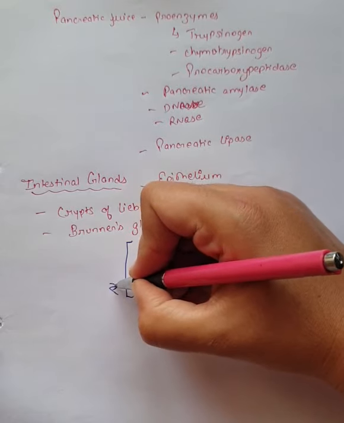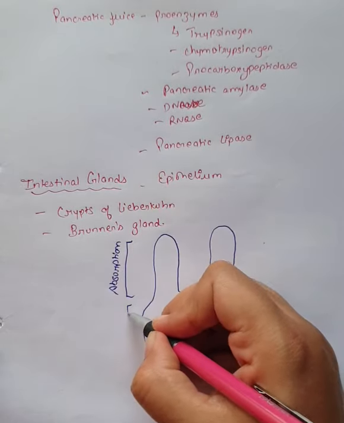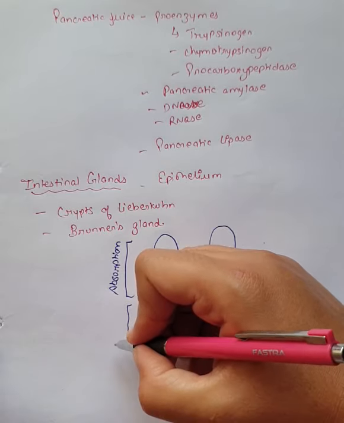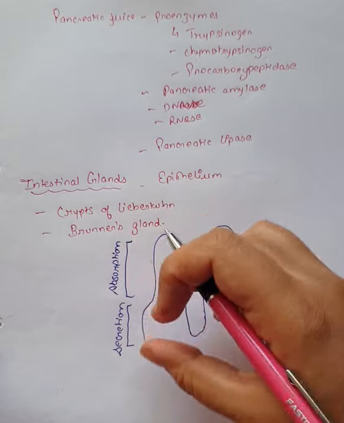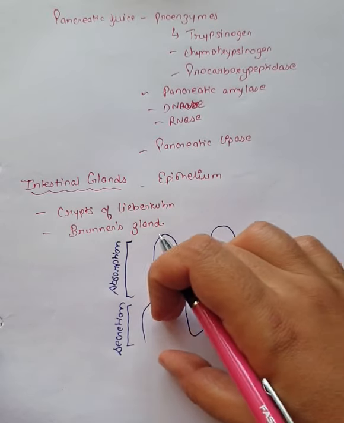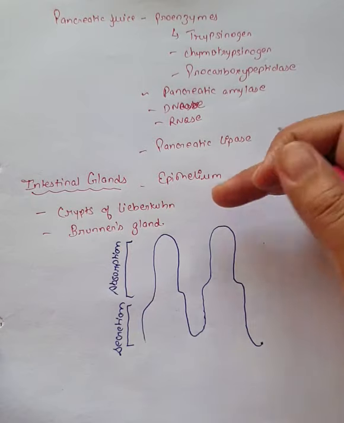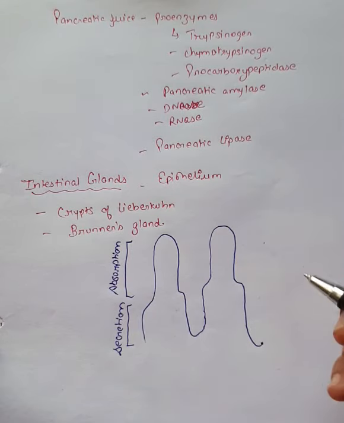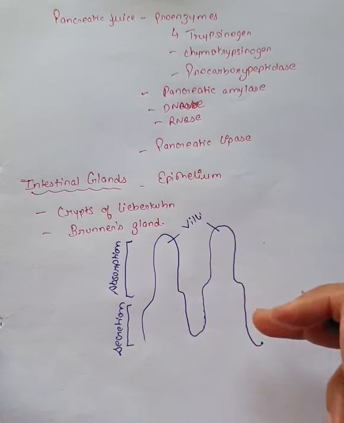So this structure will be involved in absorption, and the lower part of villi is composed of various types of cells which are involved in secretion. So this part of villi will have cells involved in secretion, and the upper portion will be involved in absorption of digested food. So here these are villi, and different types of cells will be present.